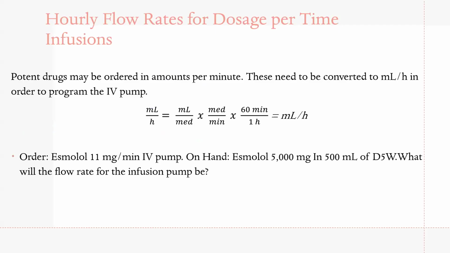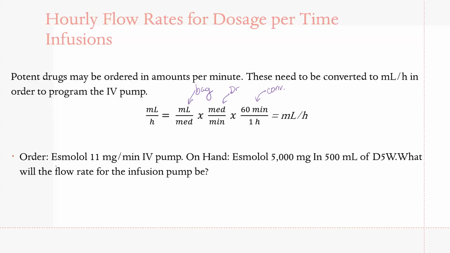So you're looking for milliliter per hour. You start with milliliters and how much medication is in there. Again, that's the IV bag. Then this is what's ordered, how much medication per minute the doctor orders. And this last step is where you're going to convert those minutes to an hour. That's the conversion factor that you all know: 1 hour is 60 minutes.